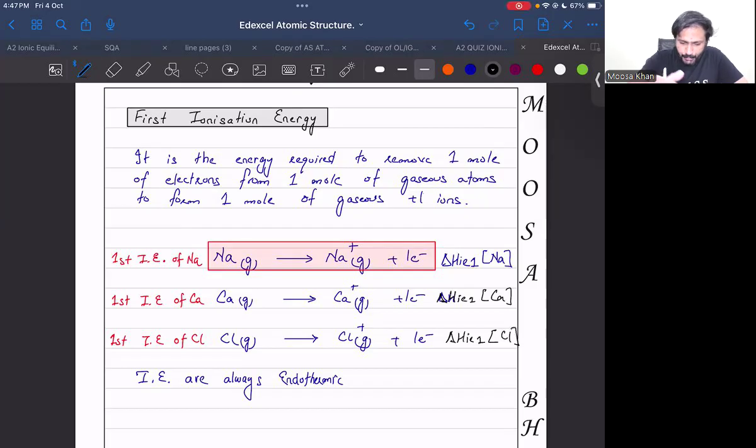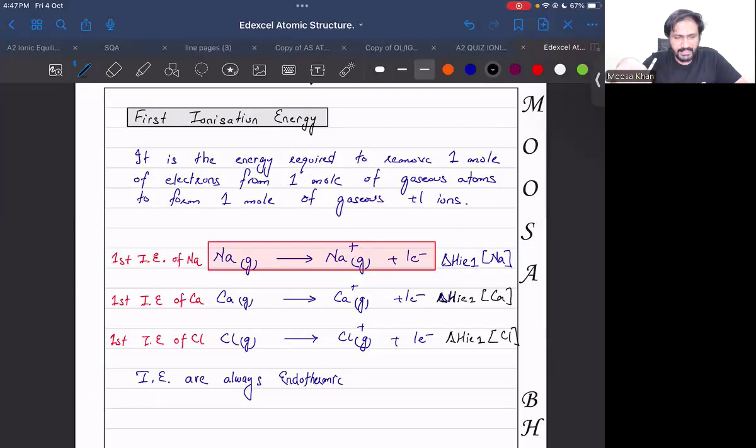In future, if you need to remove 2 moles of electrons from 2 moles of gaseous chlorine atoms, then the values of ionization energies, if given, you can just multiply by 2 to get the values for 2 moles of gaseous chlorine atoms. And I can also show you these values if you just give me a minute.